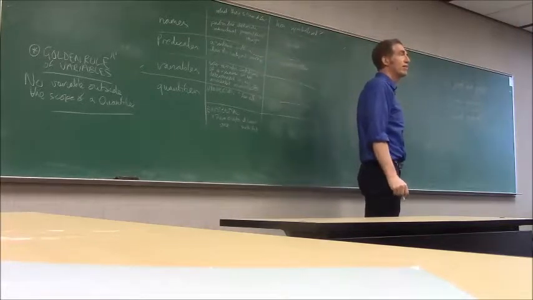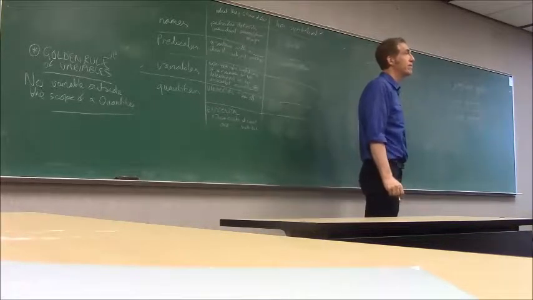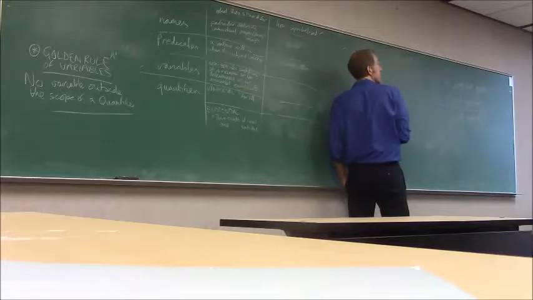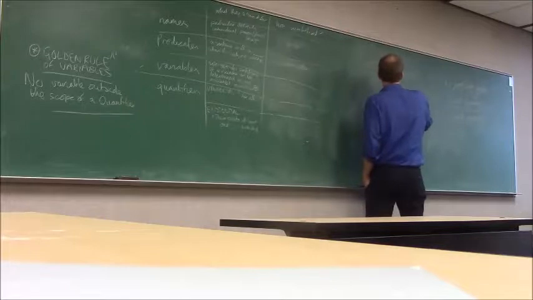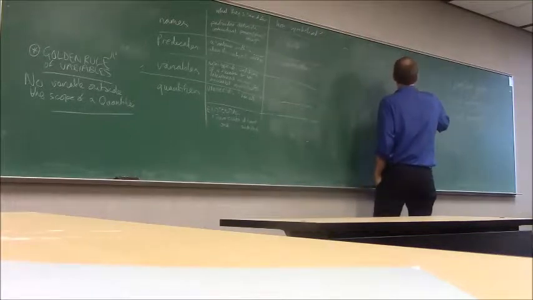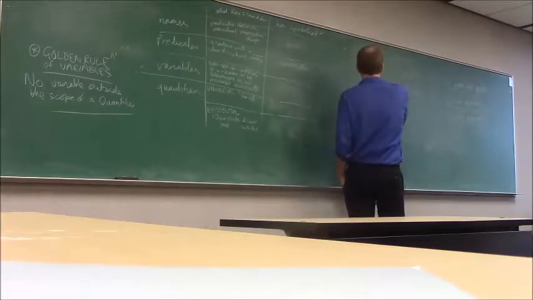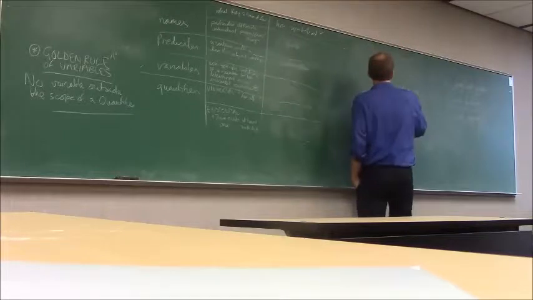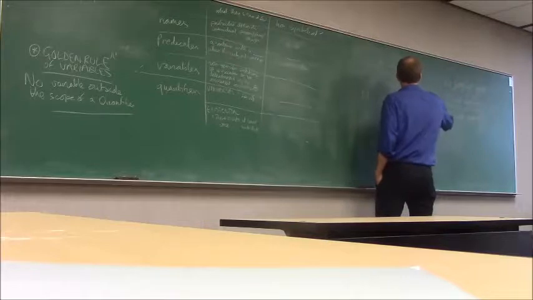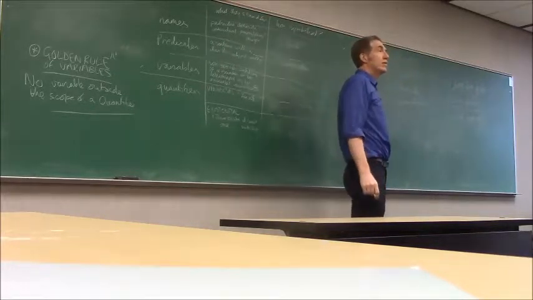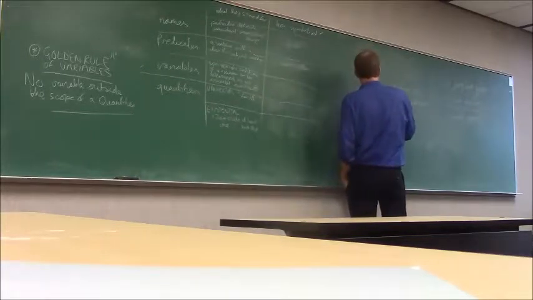Okay, so what are your predicates? Let's say C is, blank is a big city. And then big N is blank is a small nation. Yes. And then little m is Monaco. Indeed it is.